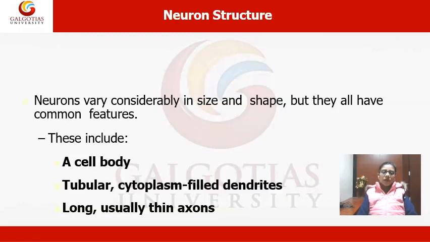So here you can learn neuron structures. What are the things involved in the makeup of a neuron? Neurons vary considerably in size and shape. Different types of neurons are there, and based on that they differ in their look also. So these include a cell body, tubular cytoplasm filled with dendrites, and long, usually thin axons.